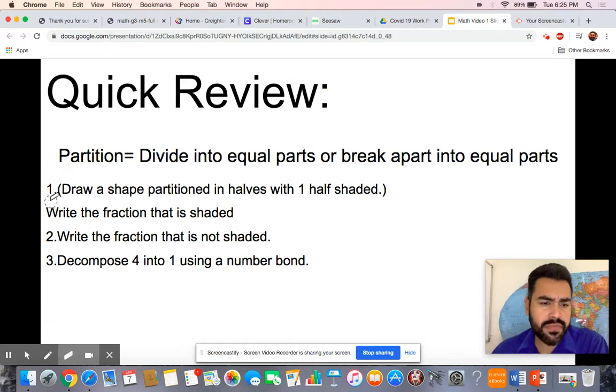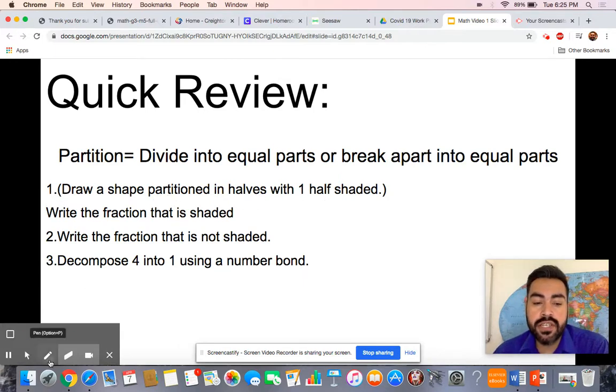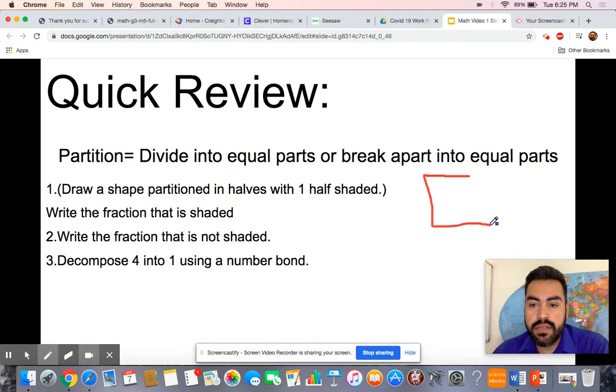Draw a shape partition in halves with one half shaded. So if you recall, halves means you split into 2 parts. So again, this is not a fraction because this piece right here is smaller than this one. They're not equal, therefore it is not a fraction.